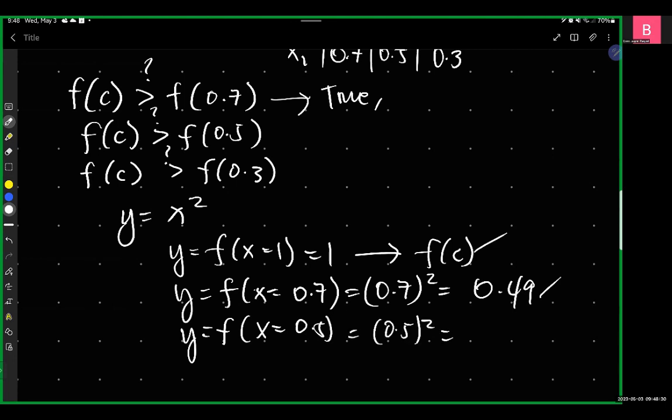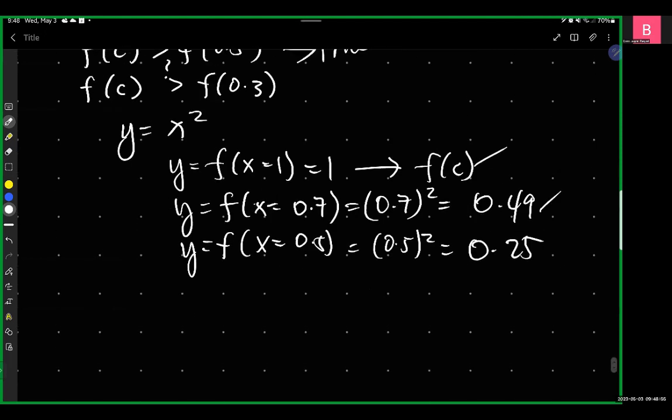What is the square of 0.5? 0.25. Very good. So is this statement true, f of c is greater than f of 0.5, which is 0.25? Yes, again, the answer is true because f of c is equal to 1 and f of 0.5 is just 0.25.